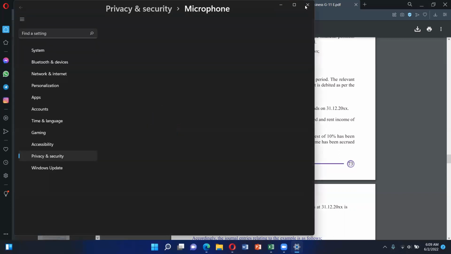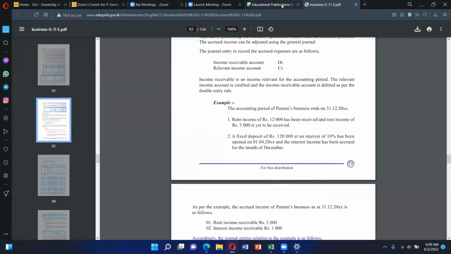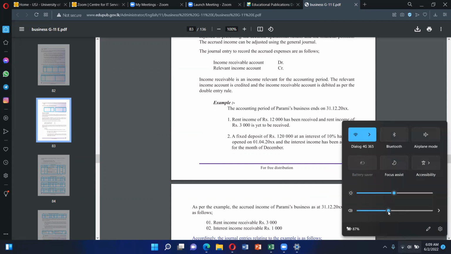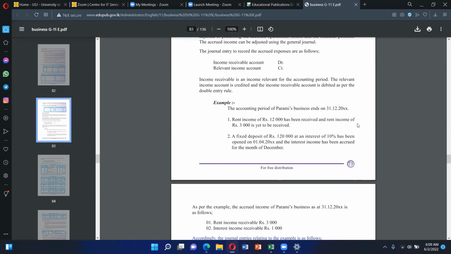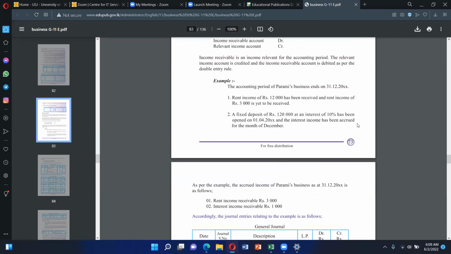Rent income of rupees 12,000 has been received and rent income of rupees 3,000 is yet to be received. A fixed deposit of rupees 120,000 at an interest of 10% has been opened on 1st April, and the interest income has been accrued for the month of December.